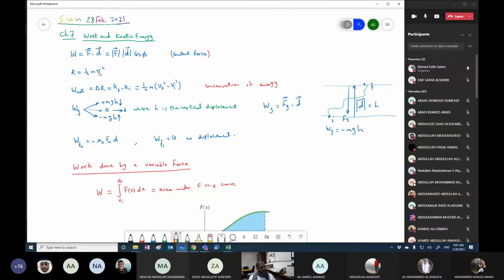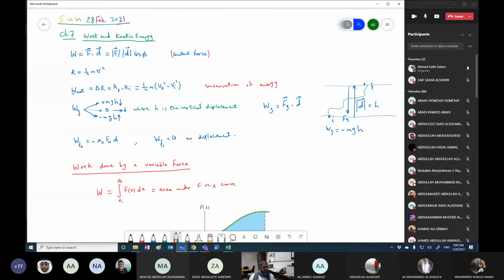We define the kinetic energy to be 1/2 the mass multiplied by the square of the speed. Also, we connected the work with the kinetic energy through what we call the work-kinetic energy theorem. The net work, or the work done by the net force, equals the change in the kinetic energy, and this is nothing but conservation of energy.